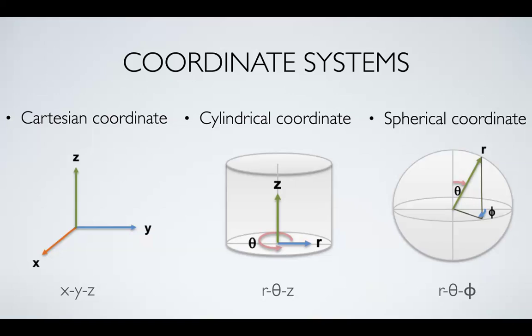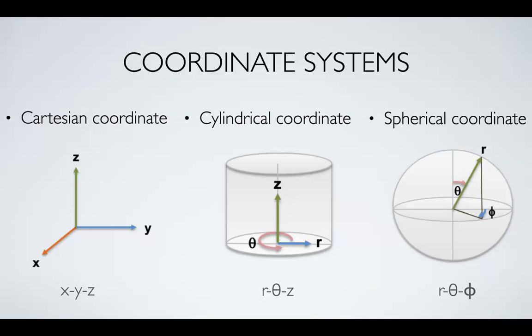So practically, there are three coordinate systems. The first one is the Cartesian, which is the simplest one. It's like rectangular coordinates, or the x, y, z that you've seen, right? X, y, and z. All axes here are perpendicular to each other. The other one is the cylindrical coordinate, and the last one is the spherical coordinate.